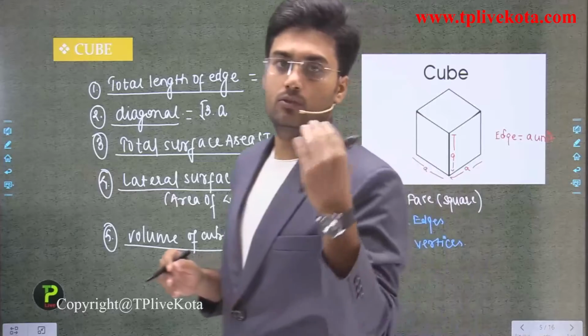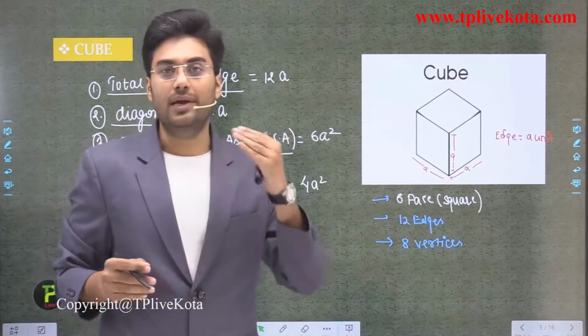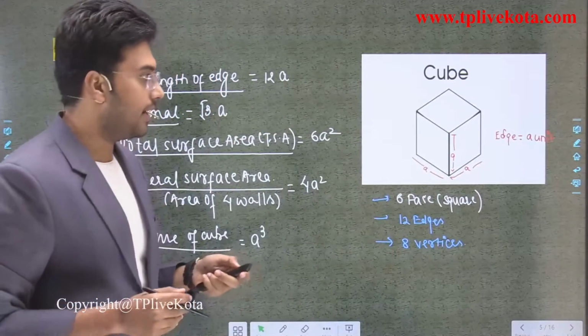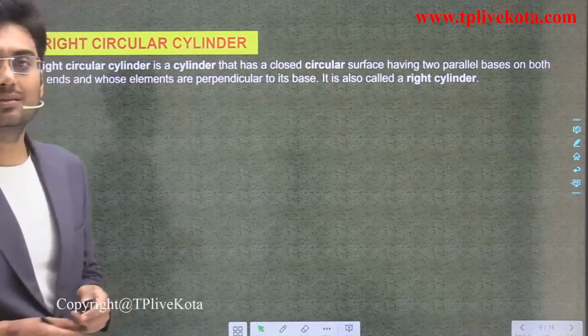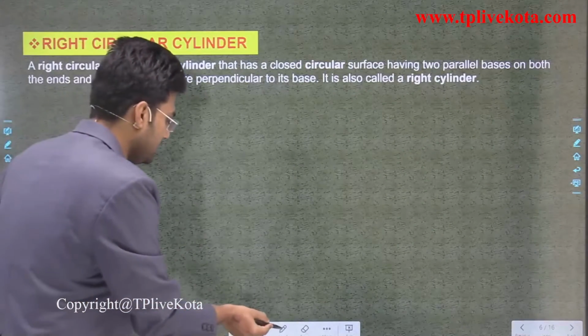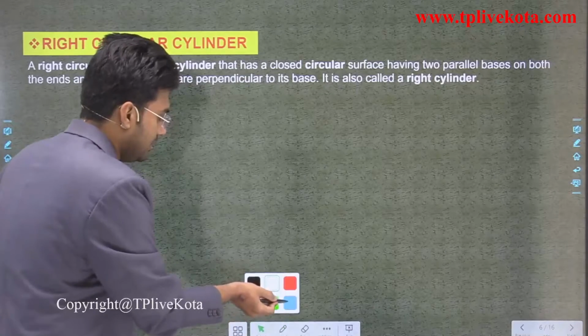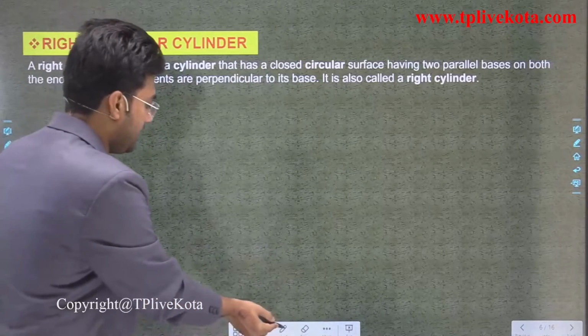Clear? So now after the cube, let's move to the next solid, and the next solid is the right circular cylinder. So students, what is the right circular cylinder?